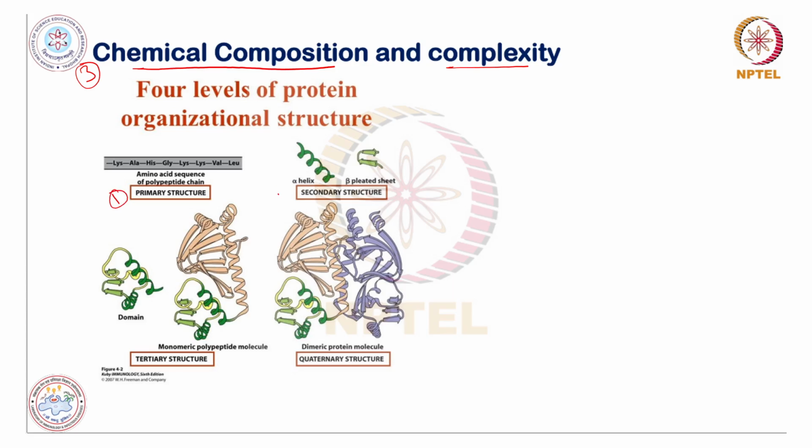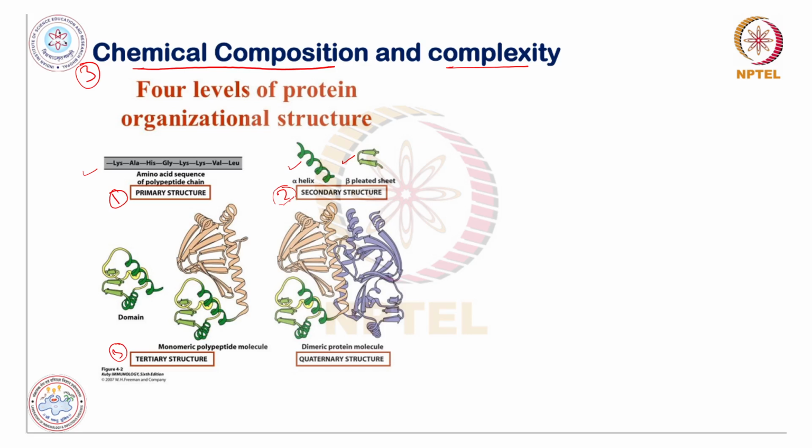The first is primary structure, which is a linear chain of amino acid sequence, the polypeptide chain. The second level of organization is secondary structure, where it starts forming alpha helix or beta pleated sheets. The third organizational level is the tertiary structure, where it starts folding.